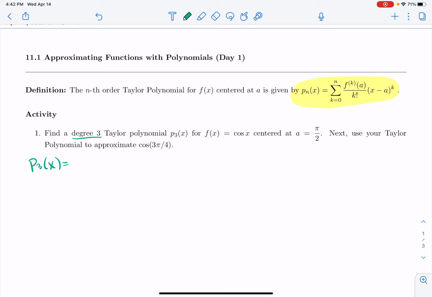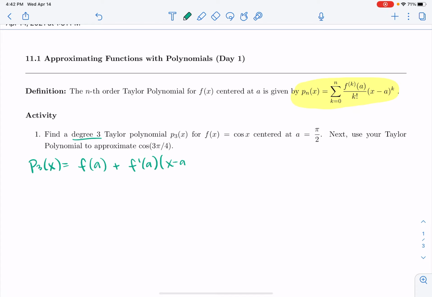So the 0 derivative means don't take a derivative. So that's just f of a. 0 factorial is defined as 1, and then x minus a to the 0 is just 1. And then we get a linear term, f prime of a, divided by 1 factorial, which is just 1, so I'm not even going to write it, times x minus a.